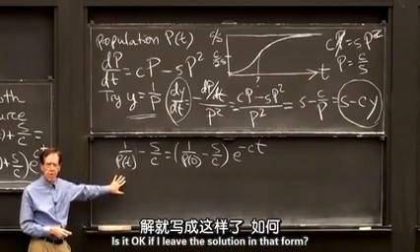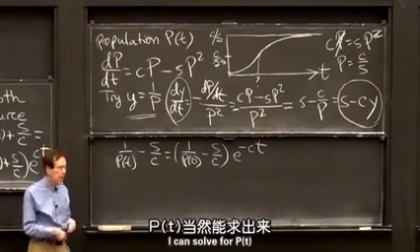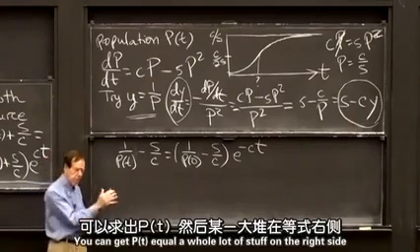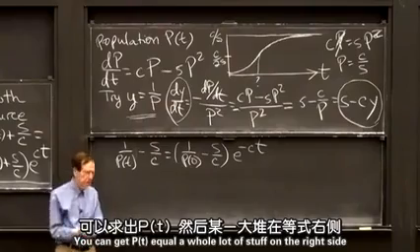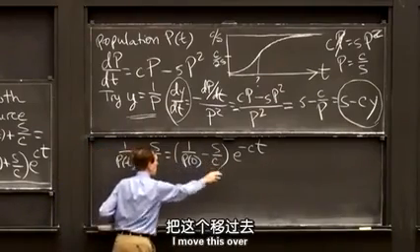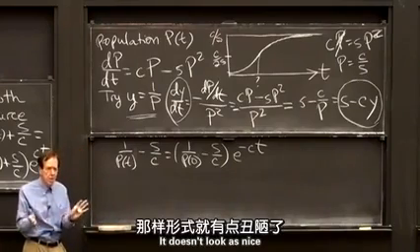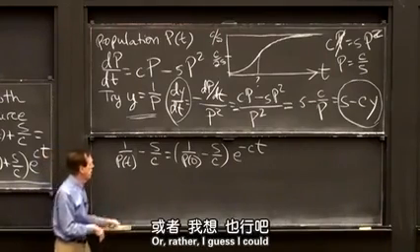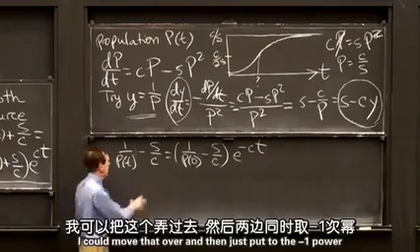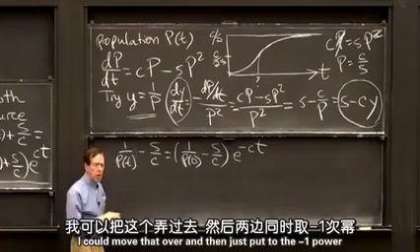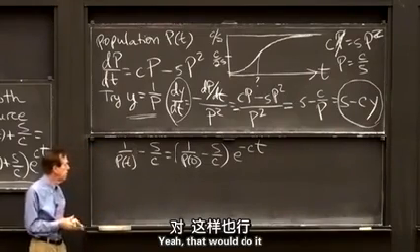Is it okay if I leave the solution in that form? If I can solve for p of t, you get p of t equals a whole lot of stuff on the right side. I move this over. I have to flip it upside down. It doesn't look as nice. Or rather, well, I guess I could move that over and then just put to the minus 1 power. Yeah, that would do it.